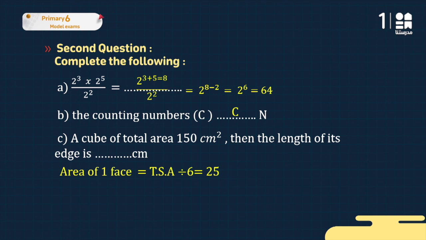So the area of one face only will be 25. How do I get the edge from the area of one face? I take the square root. So the edge will be the square root of 25, so the answer is 5 centimeters.